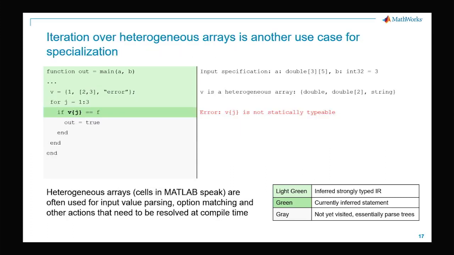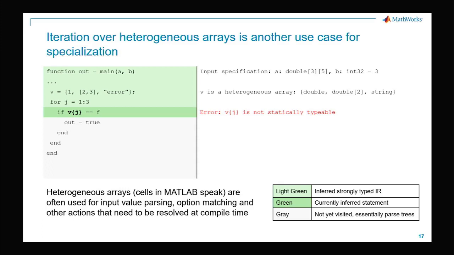The third nugget I put in over the lunchtime, because I felt that the presentation is too trivial for this audience, is that specialization can be made to work to help with type check in examples that are different than calls and if statements. In this example, we have a heterogeneous array, a cell array in MATLAB speak, which is a tuple. Elements of the tuple have different types, and if I write a for loop that iterates over the tuple, that by itself is not statically typable. Right?